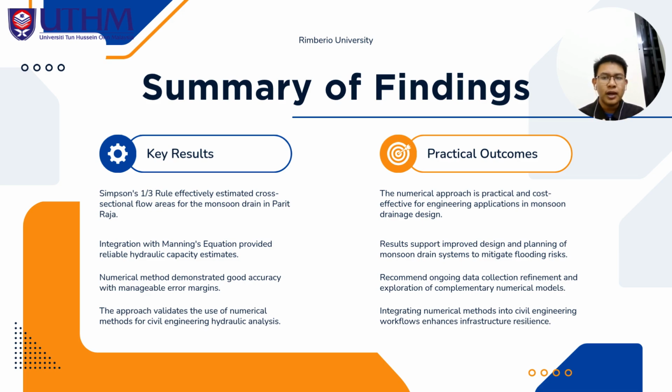Furthermore, our 0.00% error validates that Simpson's 1/3 rule is highly precise, making it a dependable substitute when standard formulas fail. Ultimately, this project highlights the strong synergy between mathematical modeling and modern civil engineering. This tool empowers us to optimize drainage and build resilient, flood-proof environments that protect our local community.